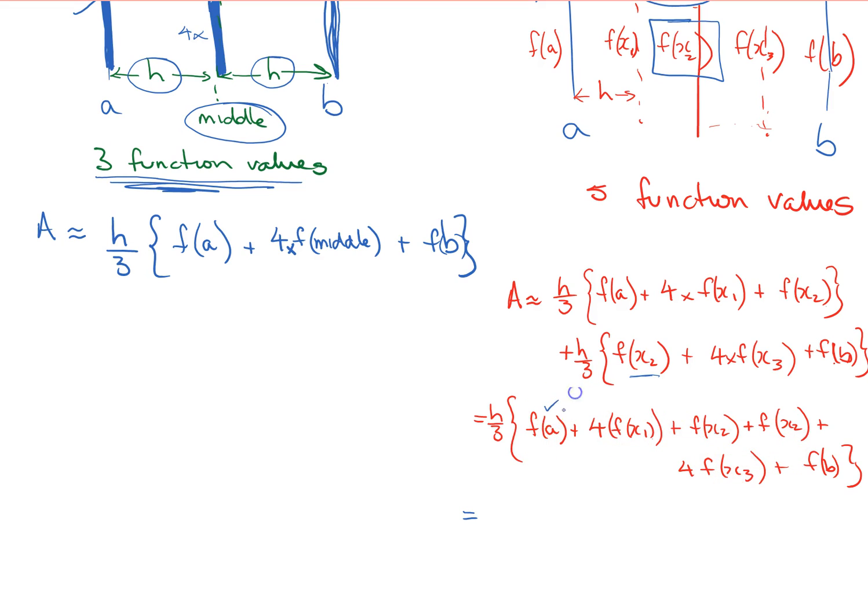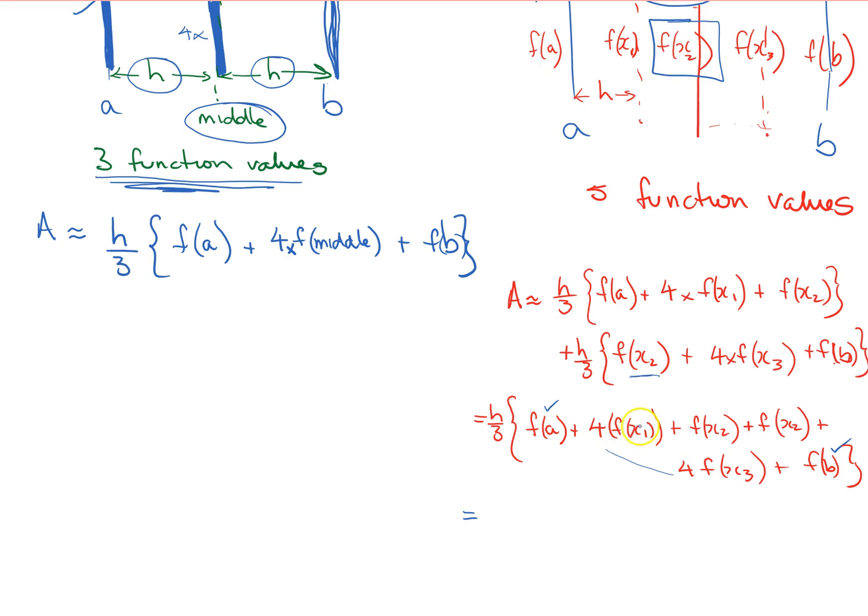Let's take a little minute to look at this last line that I've written here. We've got function at a and function of b. We've got 4 times the function at x1 and no more of those. The function value of x1 doesn't appear anywhere else. We do have, though, another 4, and that is 4 times the function value at x3.